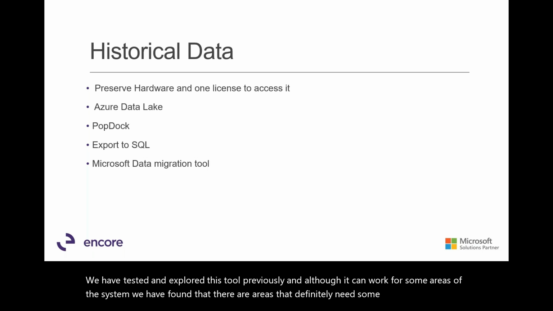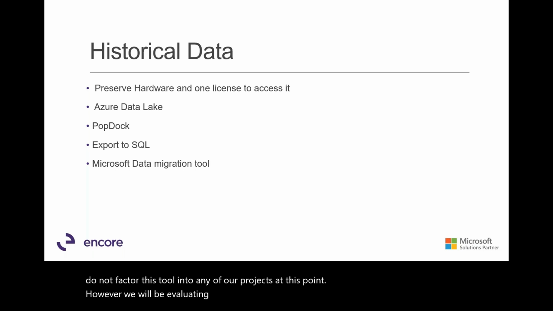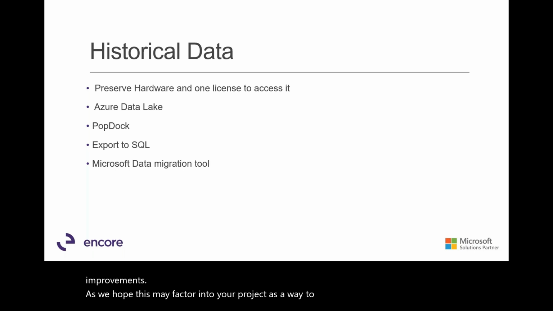So we do not factor this tool into any of our projects at this point. However, we will be evaluating this new update in the coming weeks. And if the tool's improvements are as we hope, this may factor into your project as a way to store your GP data.